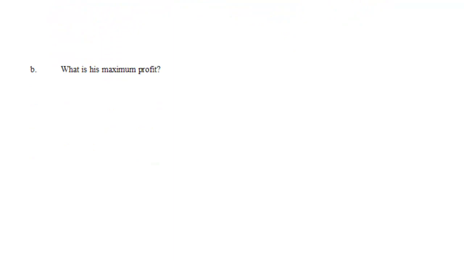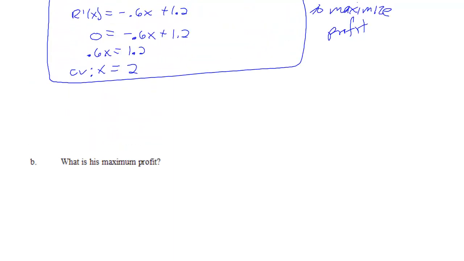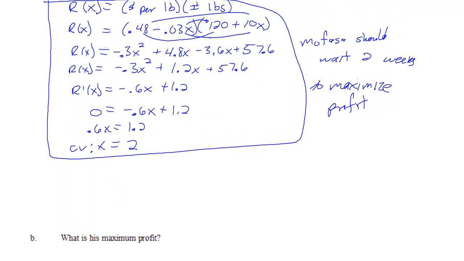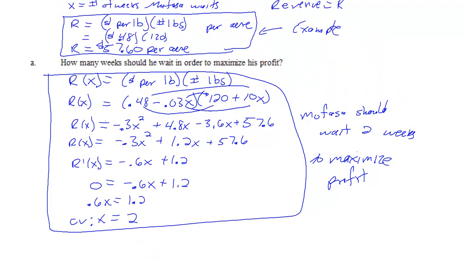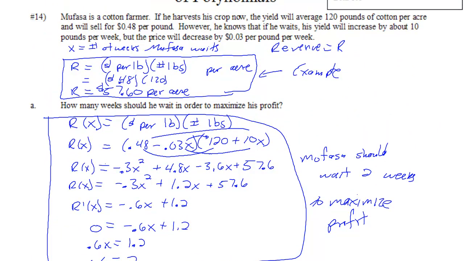Question B, what is his maximum profit? Well, I can't say for sure. This question would have been better if it said, what is his maximum revenue? Because we don't know what his costs are to run this cotton farm. But the money that he's bringing in, we can use this revenue function.